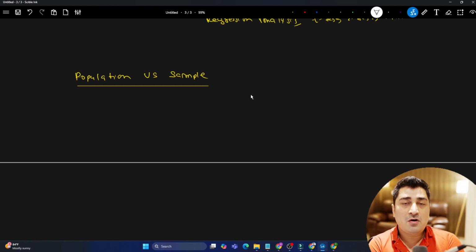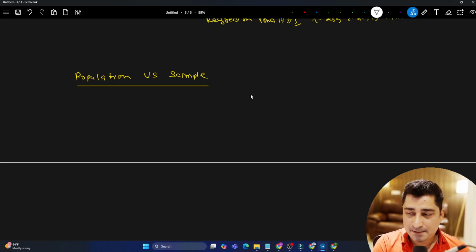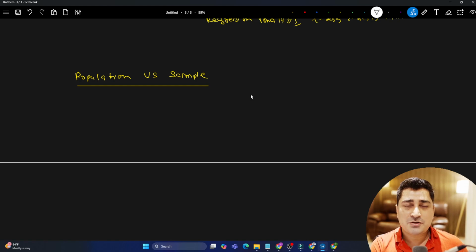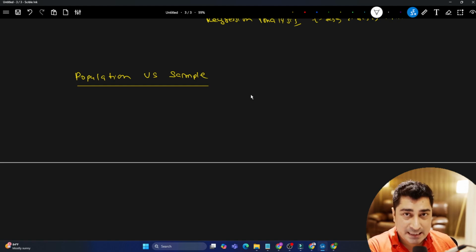So whenever the government is supposed to do budgeting or make a decision, they will run a small survey where agency people go and collect data from a sample, maybe from 5 districts, maybe from 5 states, maybe from 10 states.